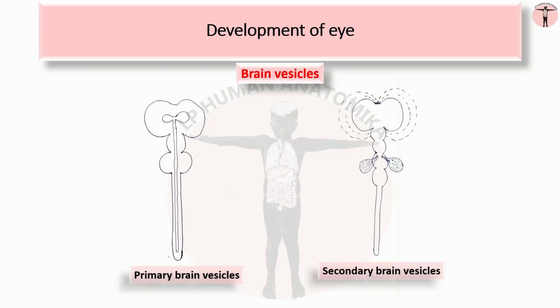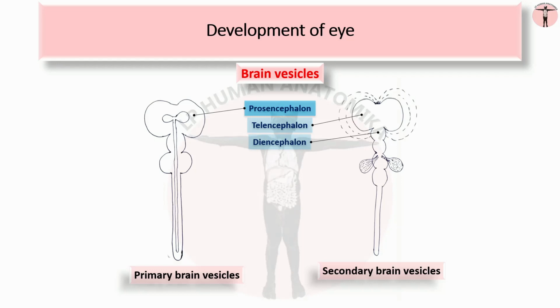The cranial end of the neural tube, which is formed, now expands into three dilatations. The first is the prosencephalon or forebrain. The prosencephalon further divides into telencephalon, which develops into cerebrum, and diencephalon, which develops into thalamus, hypothalamus, and epithalamus.